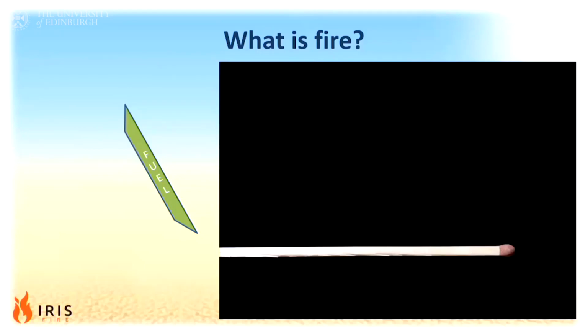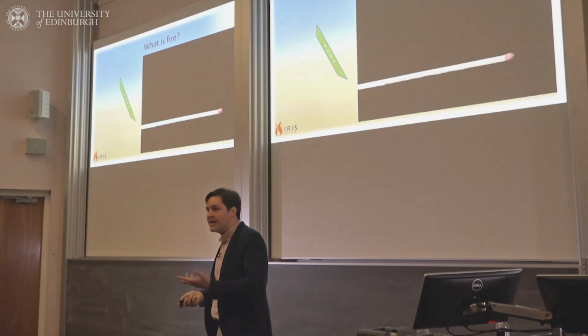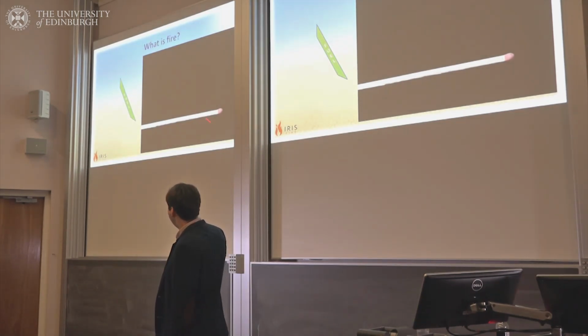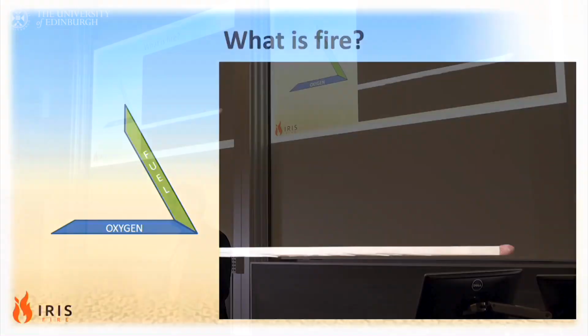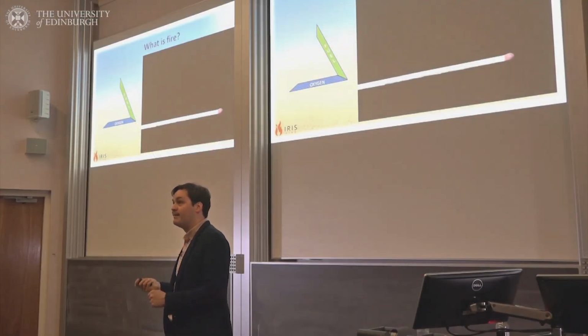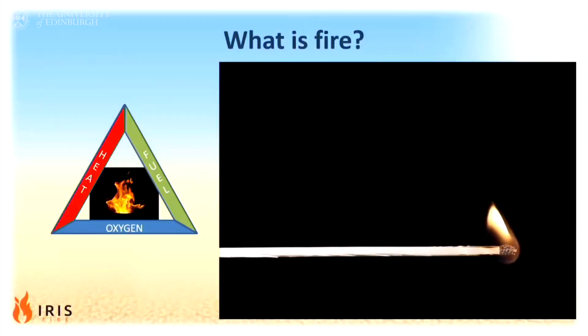We have a bit of accelerant up here, but the stick is the fuel. It will be impregnated with a bit of flammable liquid as well. Most matches are, but that is our fuel. And it's in air, which has lots of oxygen in it. So what's the last thing that we're missing to get a fire? Heat. Brilliant. So we add in some heat, and it ignites.